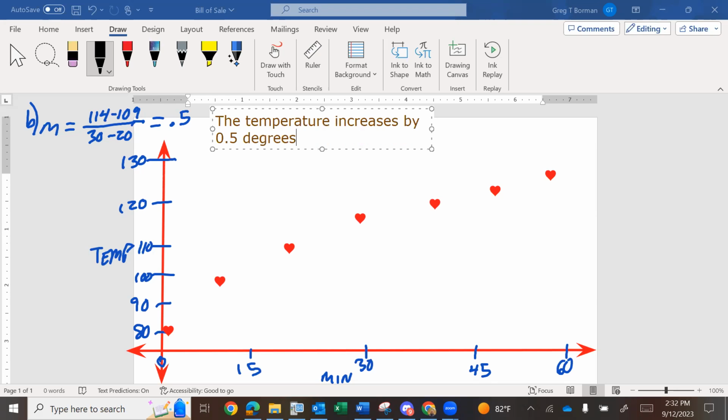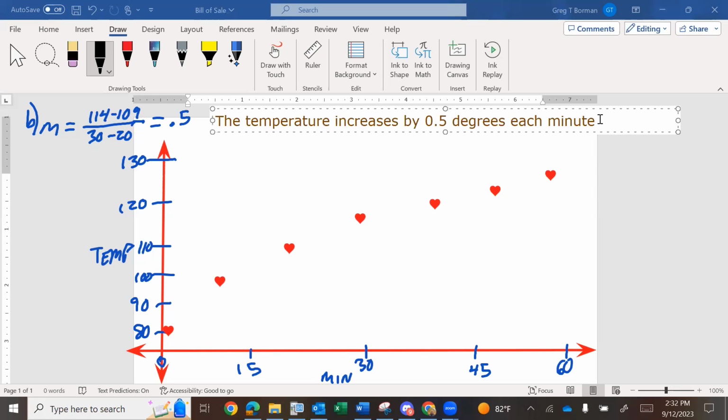0.5 degrees each minute. Now, that's a really good answer, but to be honest, it's not as accurate as it could be, because like we talked about when I was designing the graph, the temperature isn't increasing by the same amount every 10-minute interval.